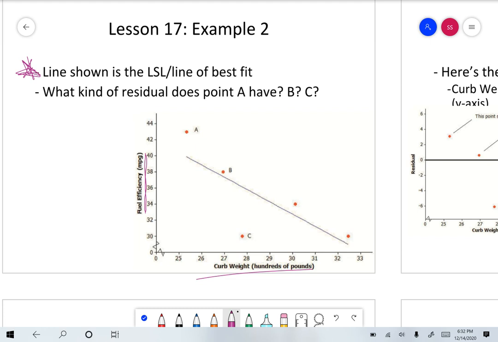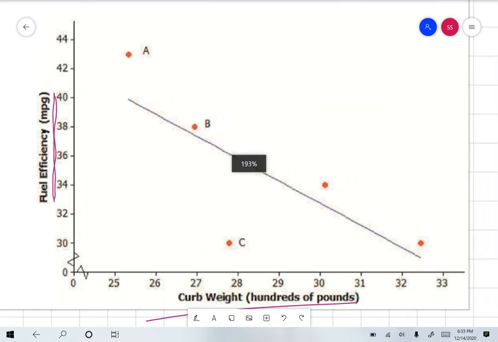I want you to think about this question for a second. What kind of residual do you think point A would have, point B would have, and point C would have? Maybe pause, think about it, and then unpause. Okay, looking at this plot, I'll zoom in a little.